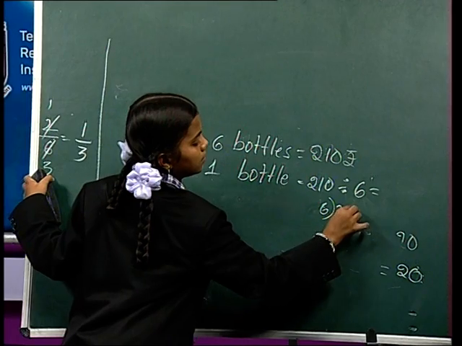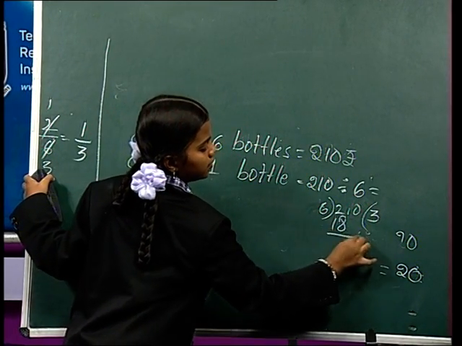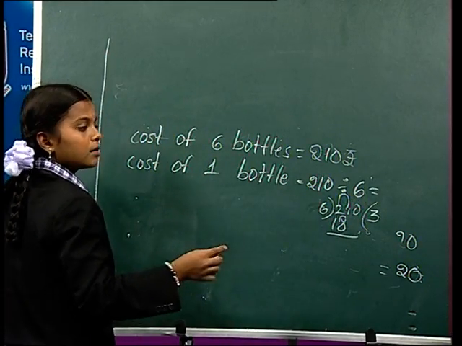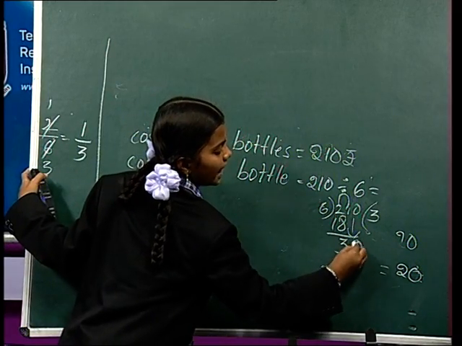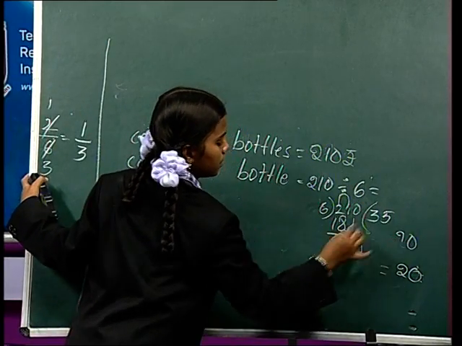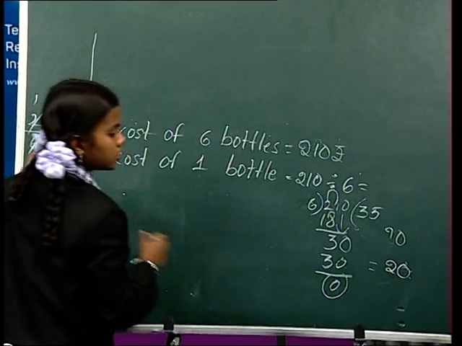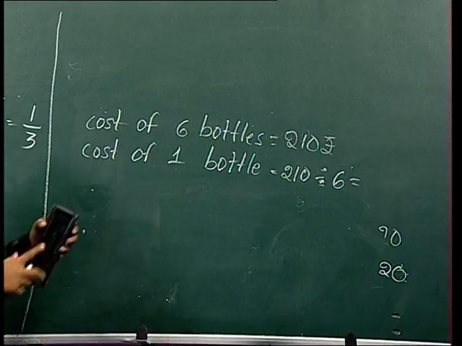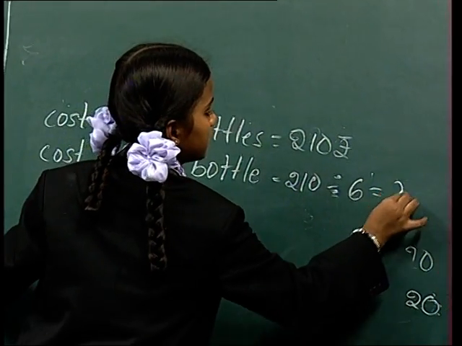6 3s are 18. 21 minus 18 is 3. We carry the 0. 6 5s are 30. So each bottle costs 35 rupees.